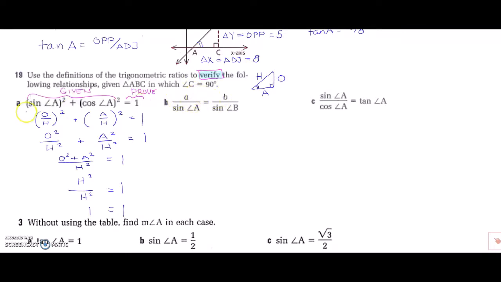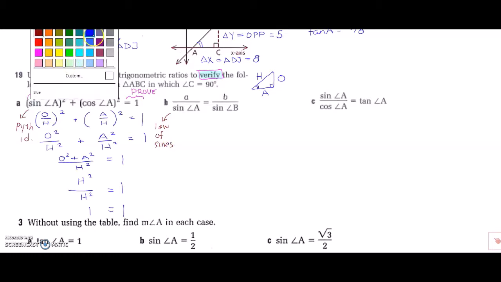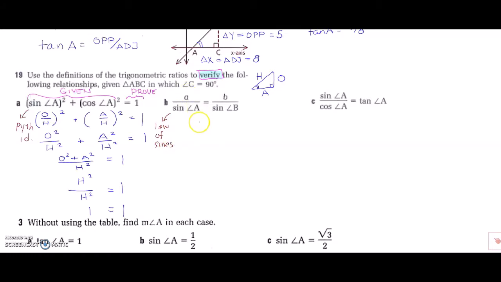Now, by the way, this is called the Pythagorean Identity. And this one is the law of sines. So, if we're looking at a right triangle, and we're talking about the sine of angle A, now that's angle A. This is the adjacent side.